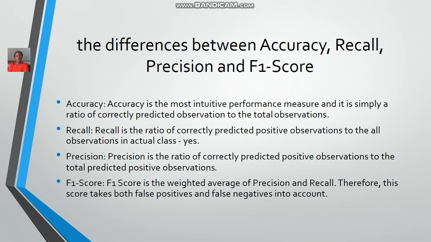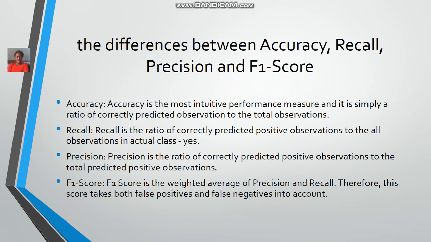So the difference between accuracy, recall, precision, and F1 is that accuracy is just a ratio of correctly predicted observations to the total observations. Recall is a ratio of correctly predicted positive observations to all the observations in the actual class.